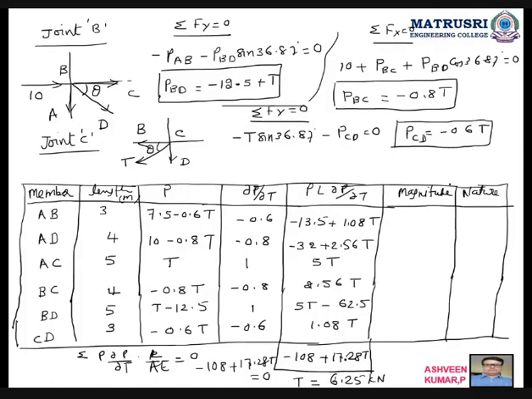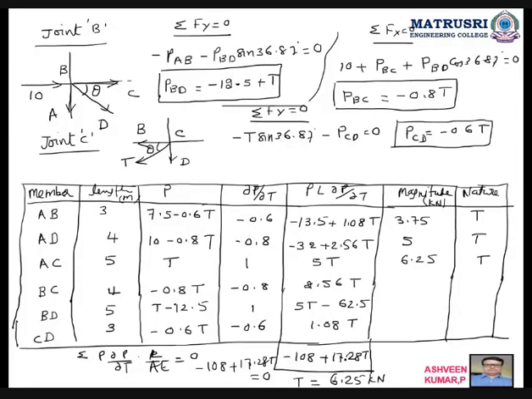So what will you do now? For the magnitude, 7.5 minus 0.6 into 6.25. Whatever you get, you take it. So I am getting 3.75 kilonewton. If it is positive, you write down tension. Similarly, 10 minus 0.8 into 6.25, so I got 5. Then T is already there, 6.25 positive, tension.